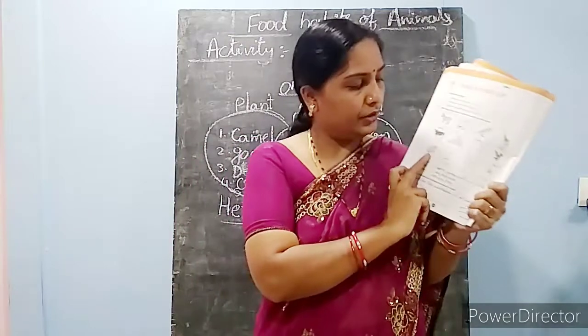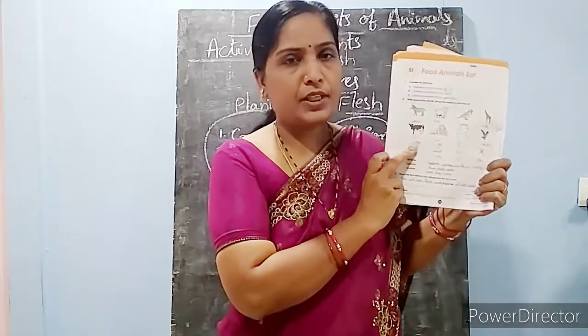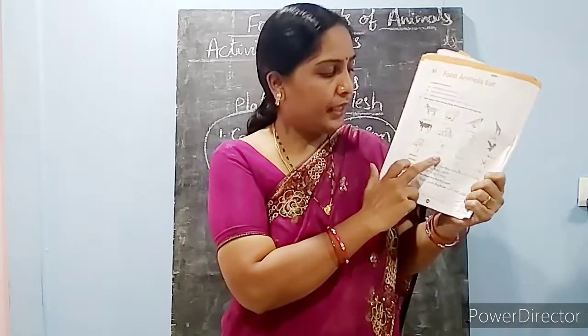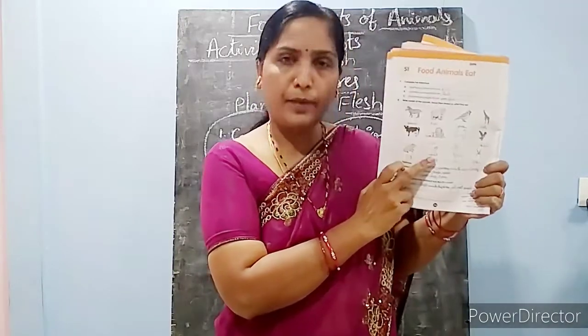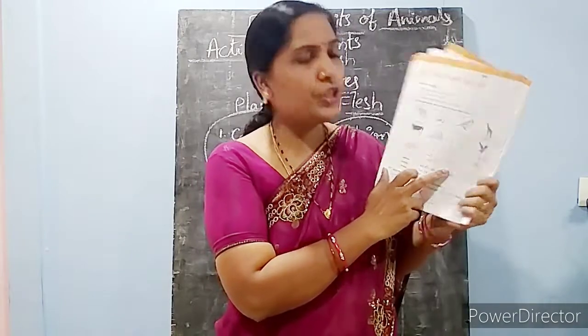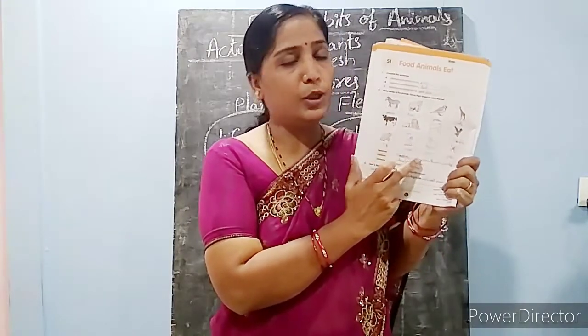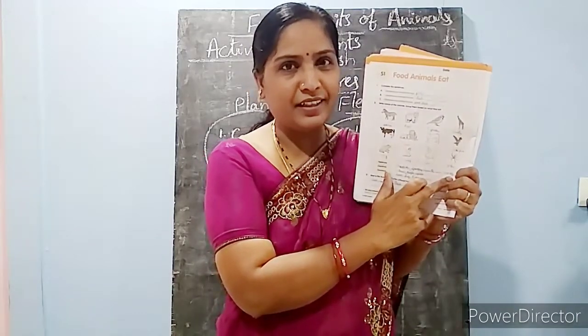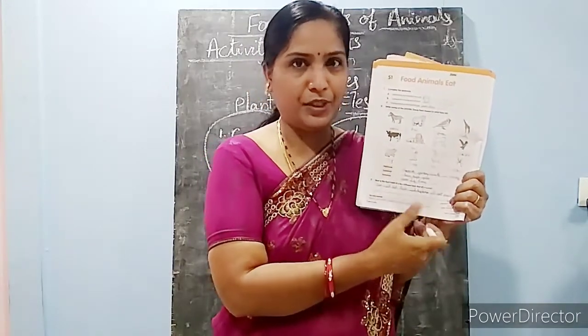And in the third row, what is the first animal? It is frog. And the next animal is monkey. Next one is rabbit. Looks so cute. Next one is spider. You learnt in block 5 about insects.